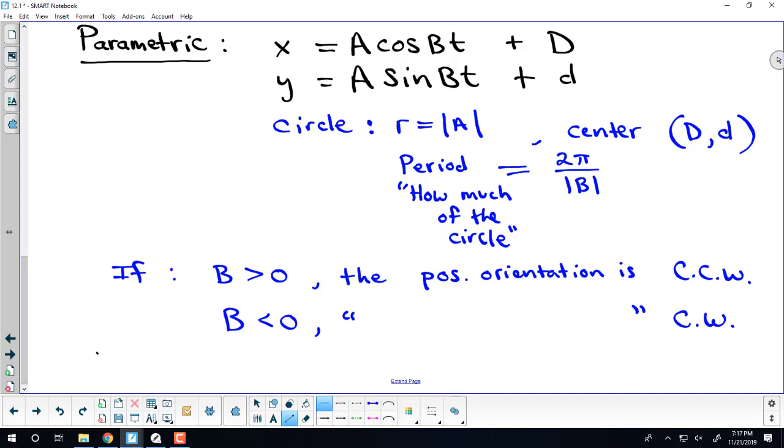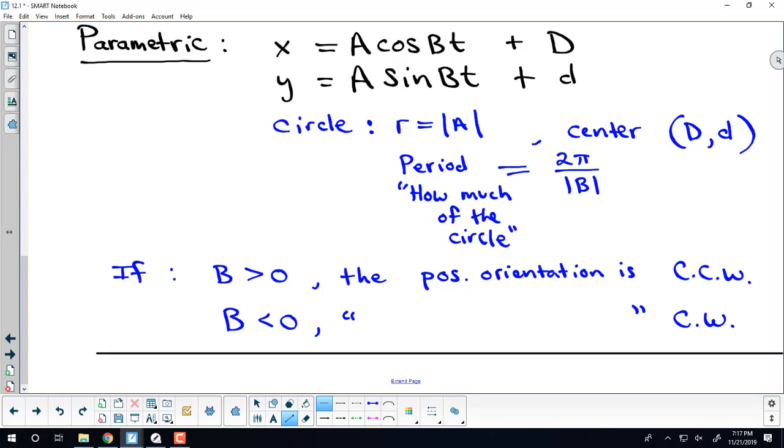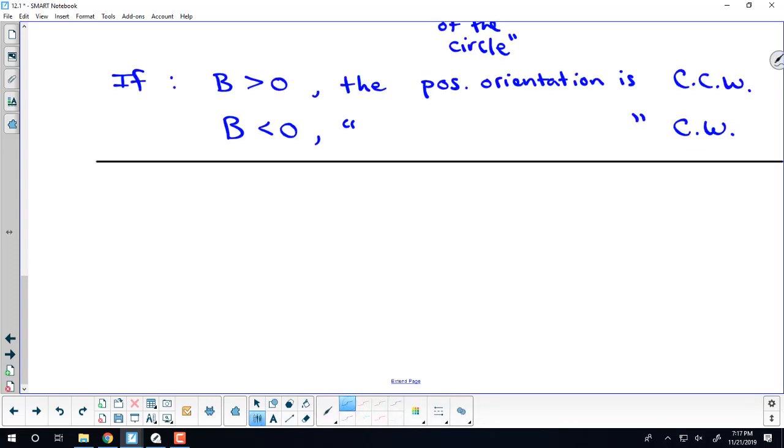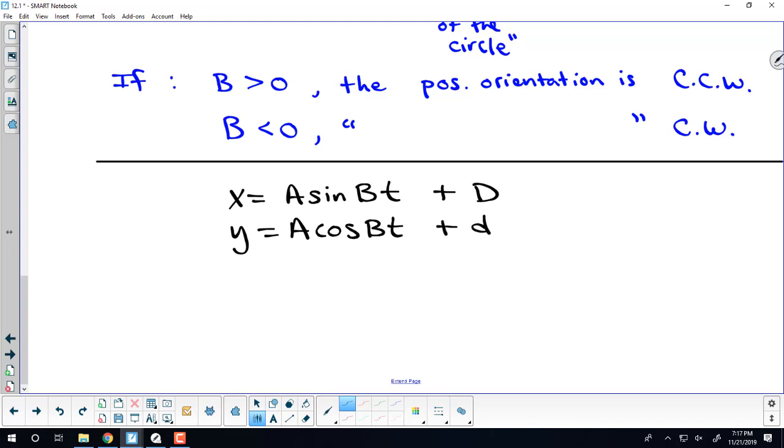So if we have x is a sine of bt plus d, and y is cosine, it's the same as above, but the orientation is the other way around.